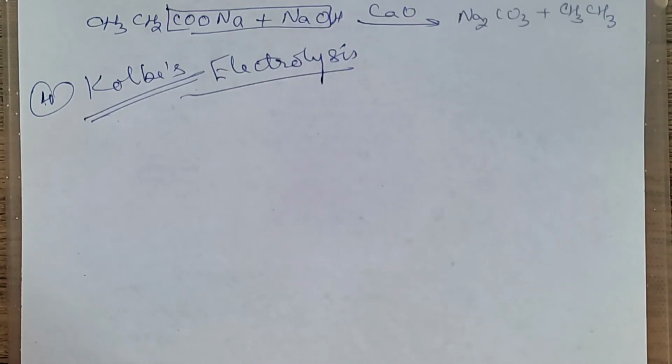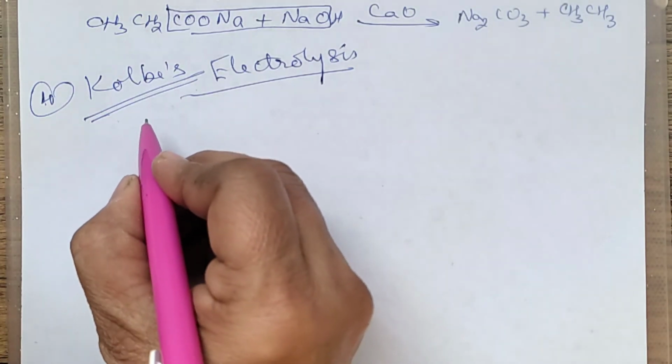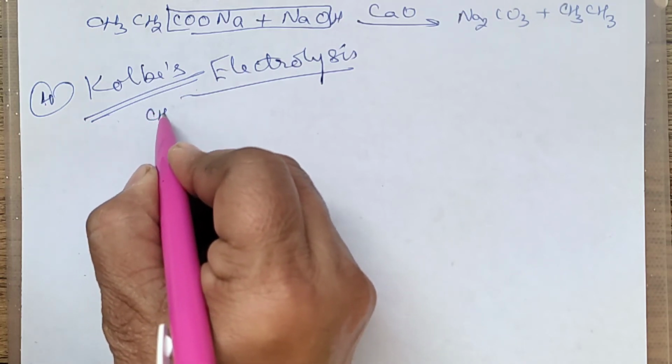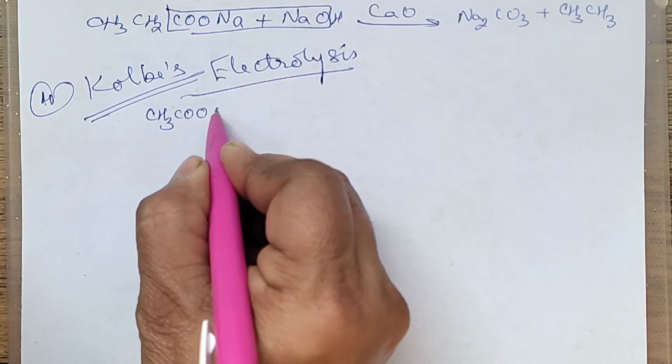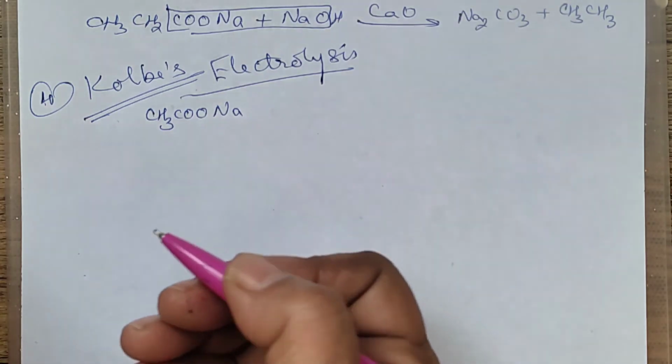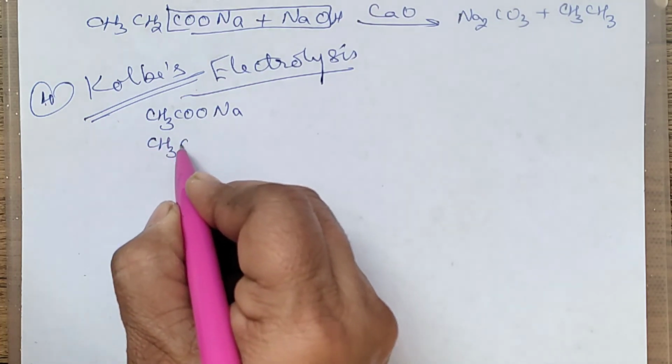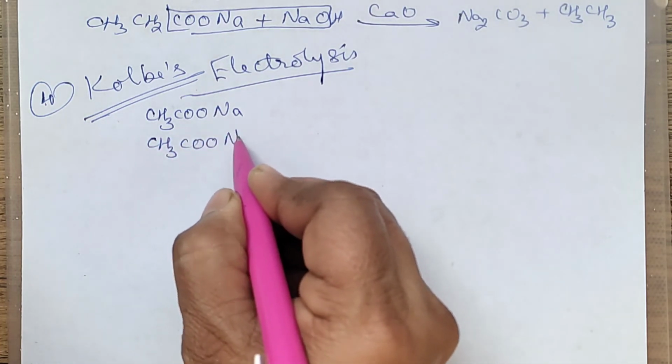Moving on to the next method, that is Kolbe's electrolysis. Kolbe's electrolysis is done for a salt of carboxylic acid. So to remember, say we are using sodium salt. You can use potassium salt also. Sodium acetate. So you will write down 2 molecules of sodium acetate.